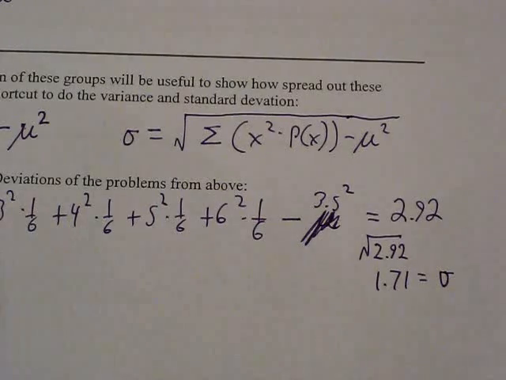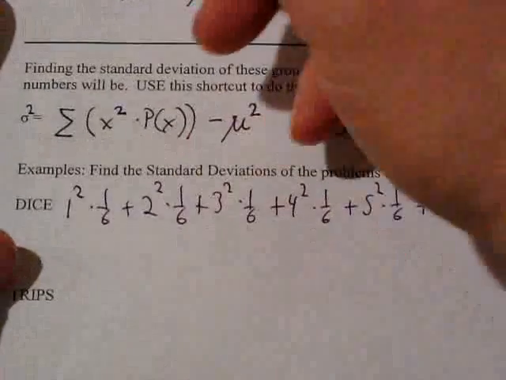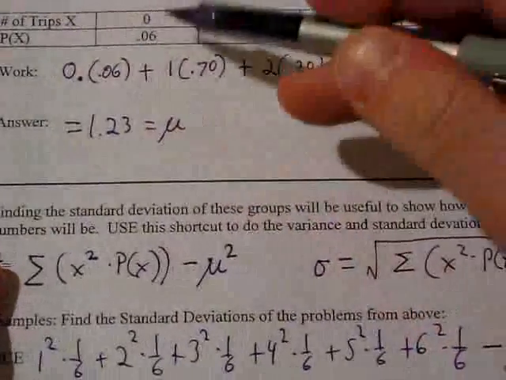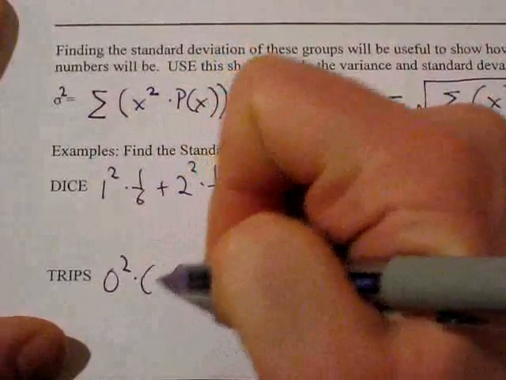Now let's look at the trips. This is going to be a little bit more interesting since we're not dealing with the die roll here. Instead of going 0 times 0.06, or 0 times 6%, 1 times 70%, we're going to go 0 squared times 6%.